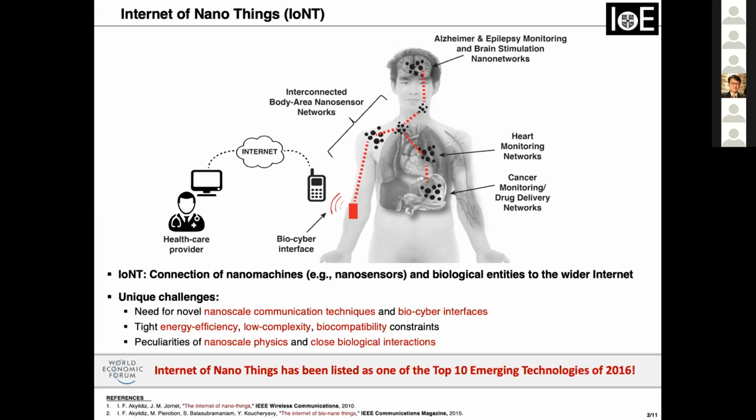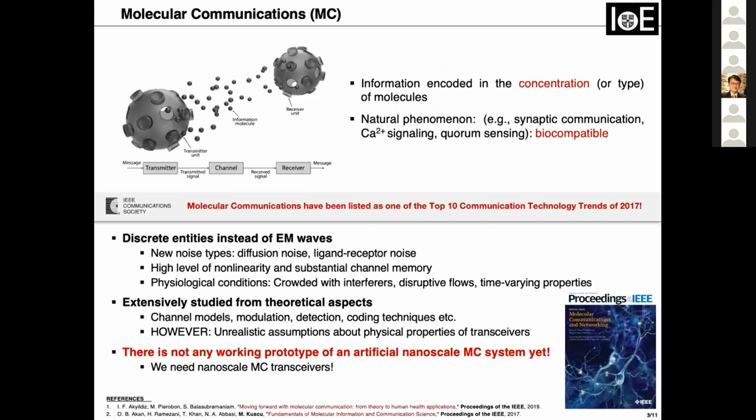And these techniques should be energy efficient and low complexity because these nano things can be of very simple architecture. The most promising communication method to enable the Internet of Nanothings is bio-inspired molecular communications, as it is inherently biocompatible, energy efficient, and robust in physiological conditions.